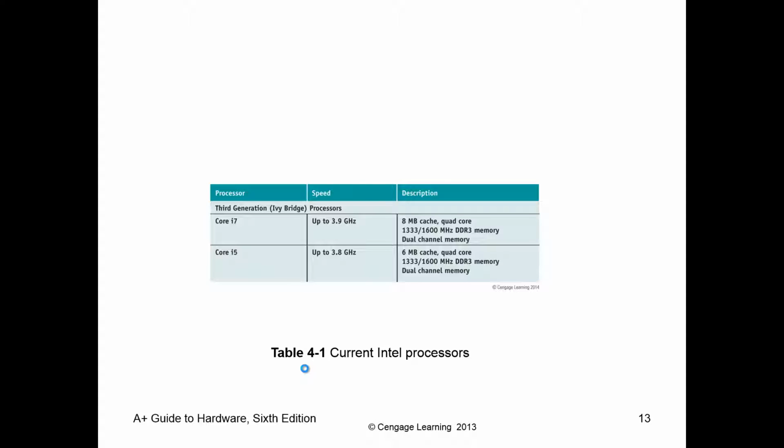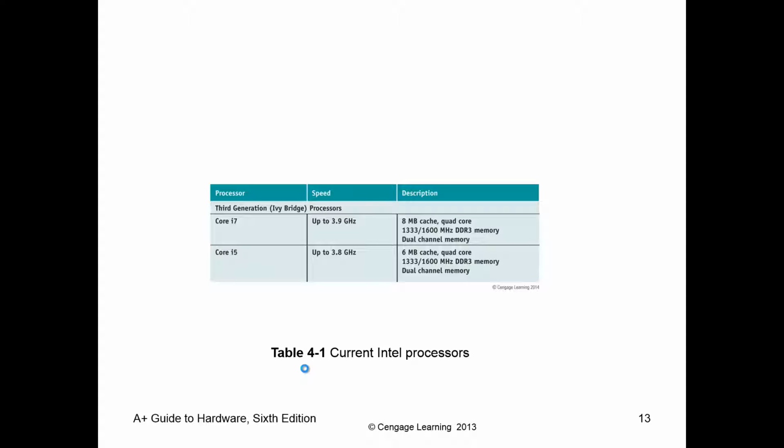As we start talking about different types of processors, we have to get used to the families. All that is, is the architecture. Here the family is called Ivy Bridge. They're the 3rd generation processors of the i series, and that's the Core i7, Core i5, Core i3 series.